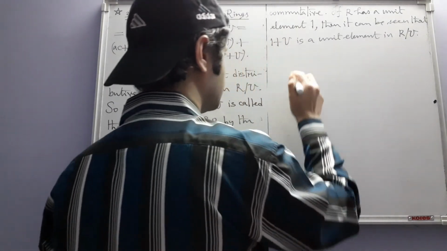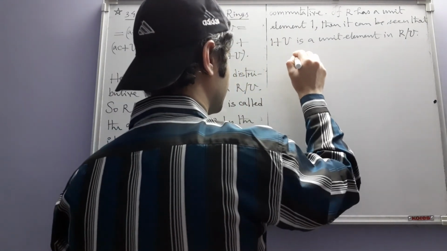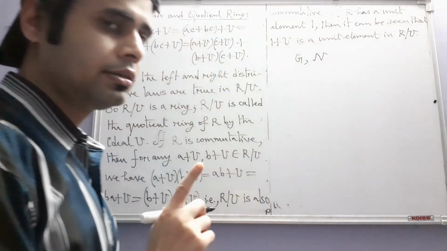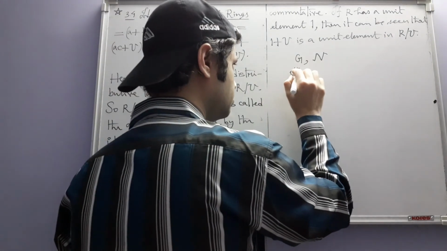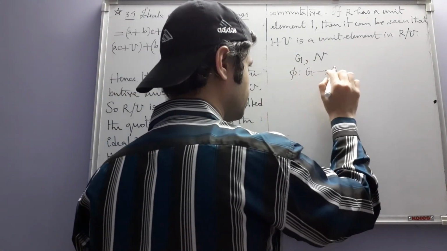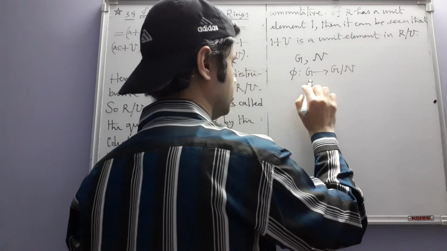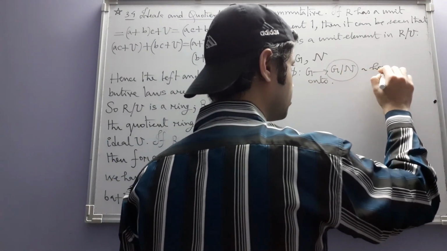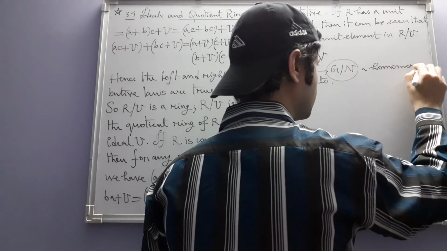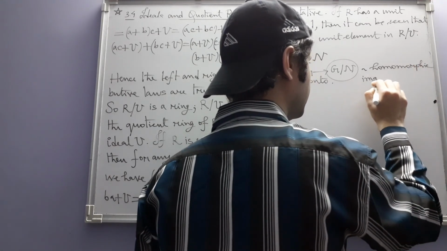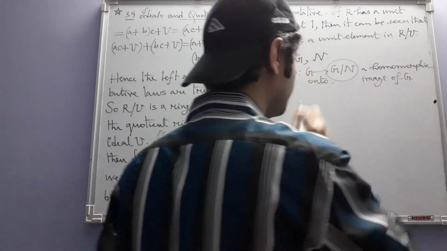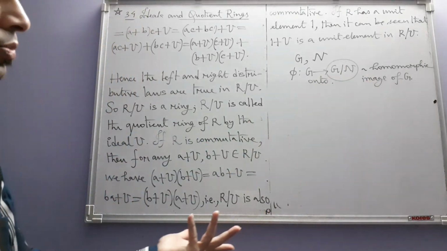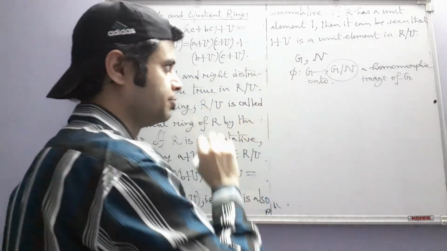One we have already mentioned today, and that is the fact that if we have a group G and a normal subgroup N, then there exists a homomorphism from G onto G by N. That means G by N is a homomorphic image of G. Image because this is onto, and homomorphic image because this is an image of G under a homomorphism.